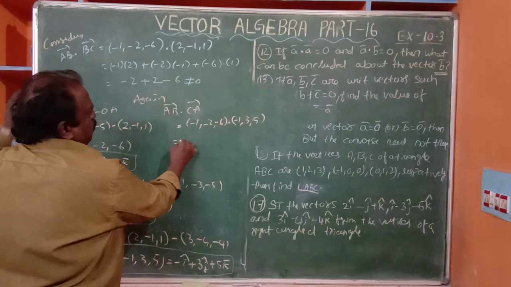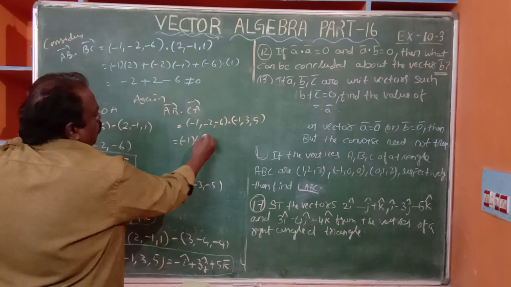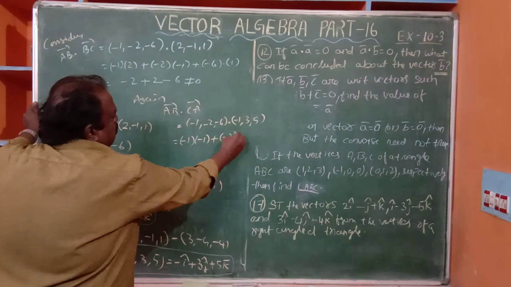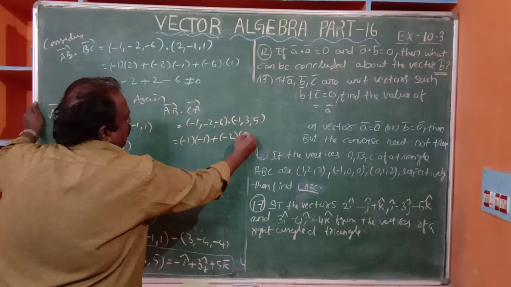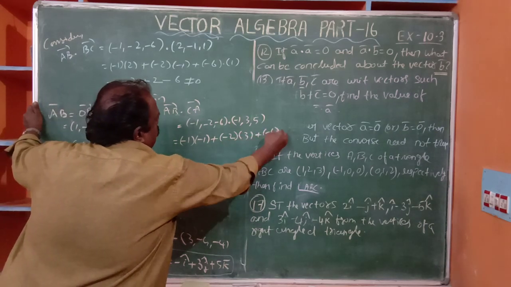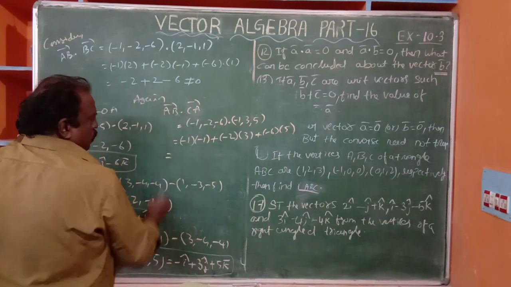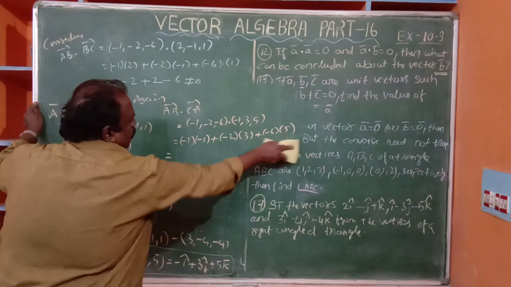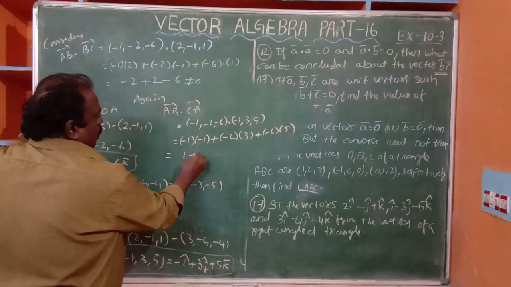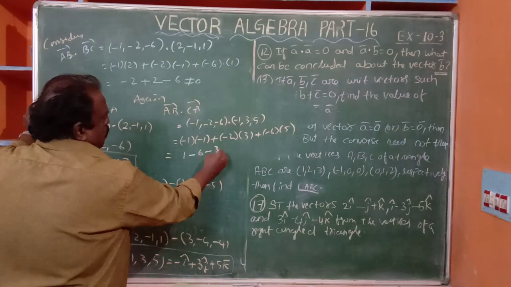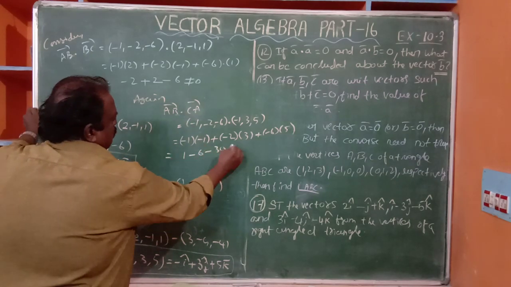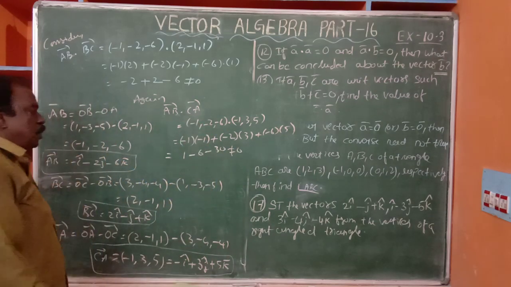We have to verify minus 1 into minus 1 plus minus 2 into 3 plus minus 6 into 5. It is 1 minus 6 minus 30. It is also not equal to 0.